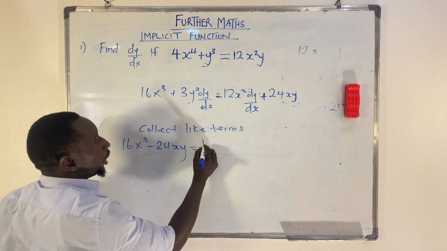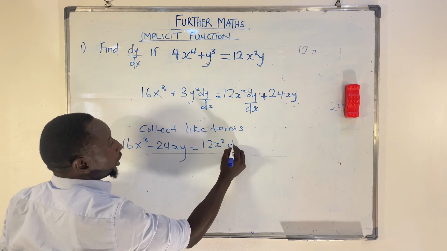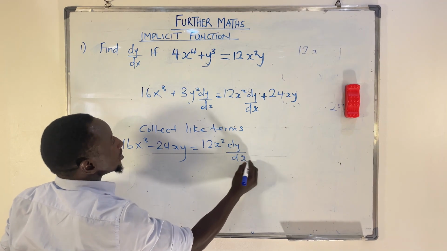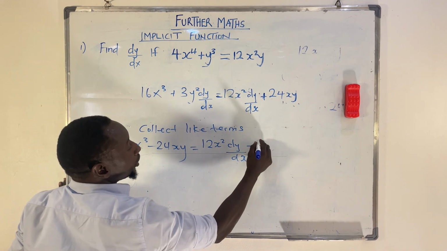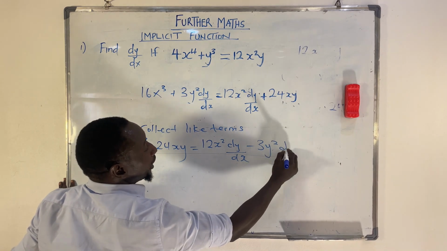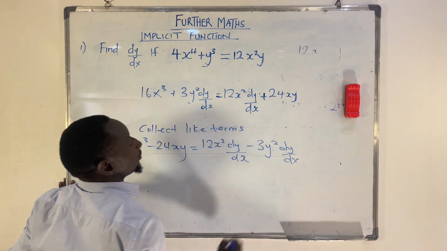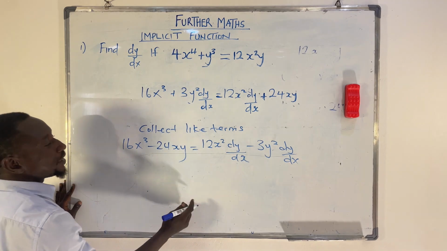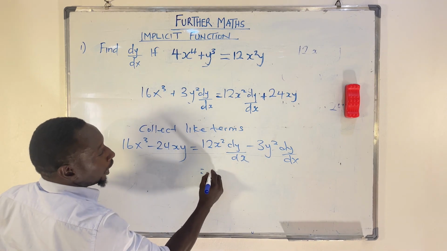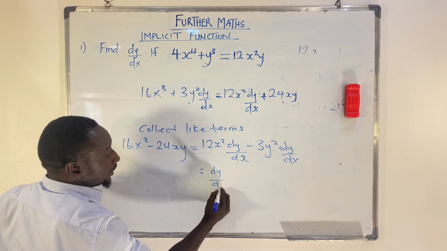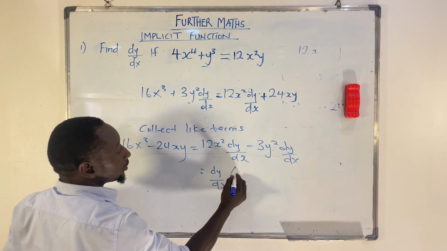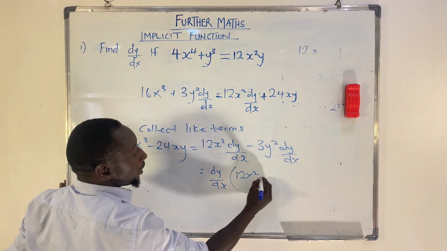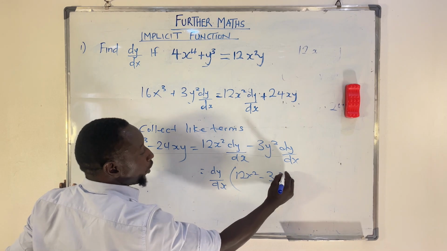So you have 12x squared dy/dx minus 3y squared dy/dx. Now, what is common between them? dy/dx is common, so you factor it out. So you have dy/dx, open bracket, 12x squared minus 3y squared.